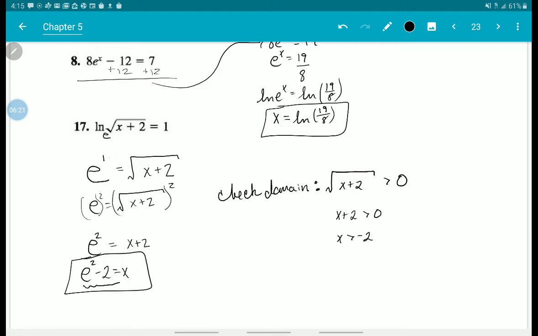And this guy, if we were to type that in the calculator, it's definitely bigger than negative 2. So we're going to be okay there for that answer. Remember, changing logarithmic equations to exponential does open the door for extraneous solutions. So you always have to check.